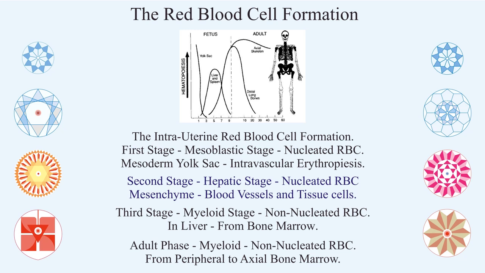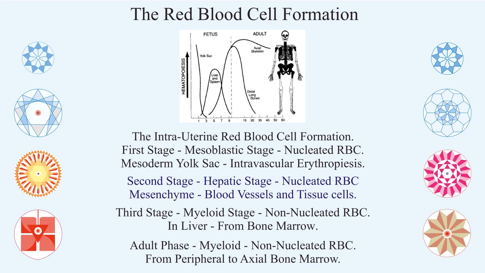From peripheral to axial bone marrow, this is what is happening in the formation of red blood cells within the human body. So it can be called four different stages. First stage, mesoblastic, nucleated. Second phase, hepatic. Third, myeloid. Fourth, from peripheral to the core axial, and done with it.